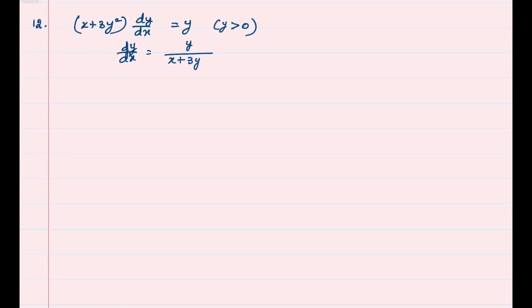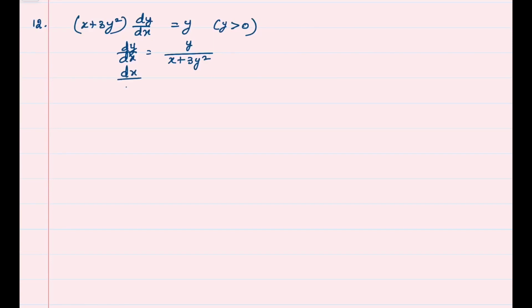Question 12. x plus 3y square times dy by dx equal to y, where y is greater than 0. We will write dy by dx, which is y over x plus 3y square. It is similar to the previous question. We cannot separate the terms, and it is not homogeneous also. See the degrees. Degrees are not the same.